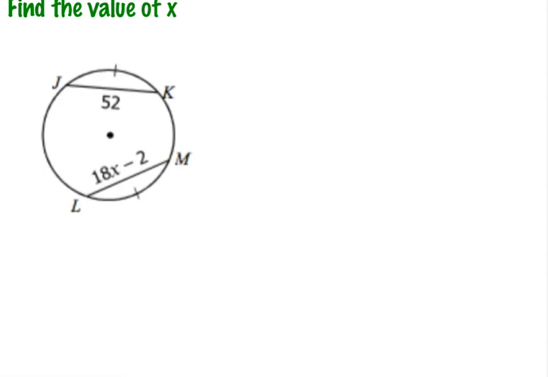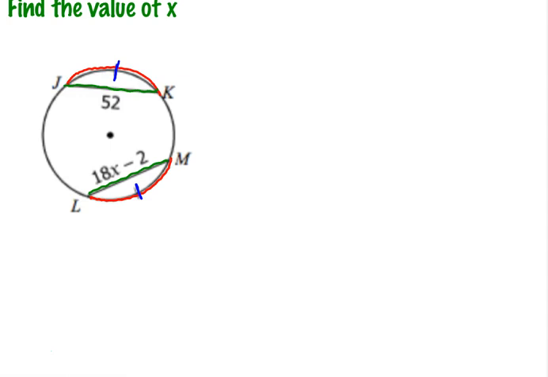Now can we go the other way? So this time let's look at our given information. I'm given that arc LM is congruent to arc JK. How do I know that? Again, tick mark, they're telling me those arcs are equal. And if I have congruent arcs, then my two chords are congruent.